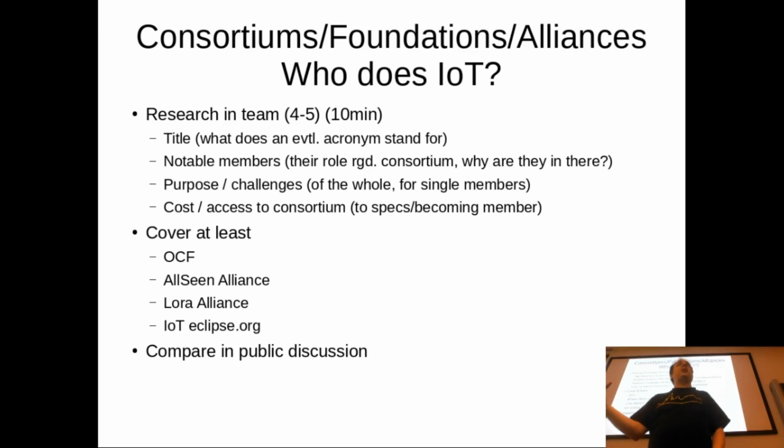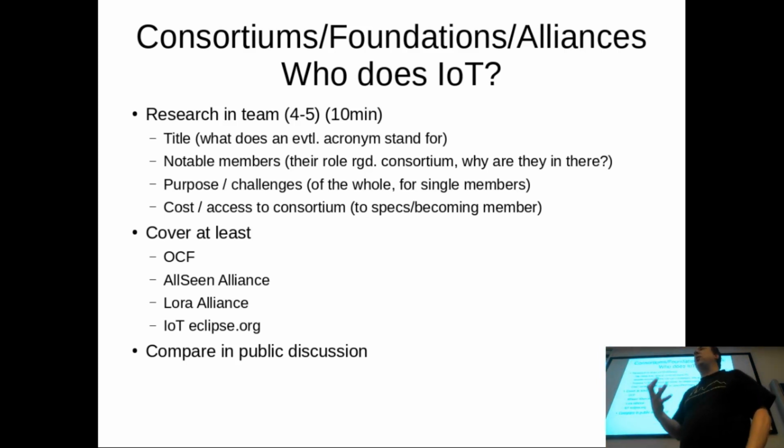Why was this alliance founded? In how far does it have to do with the Internet of Things? What in the Internet of Things does it want to coordinate or make better? And how much is it to be part of it? How expensive is it? Because you will see interesting prices to be part of the foundation or alliance body.